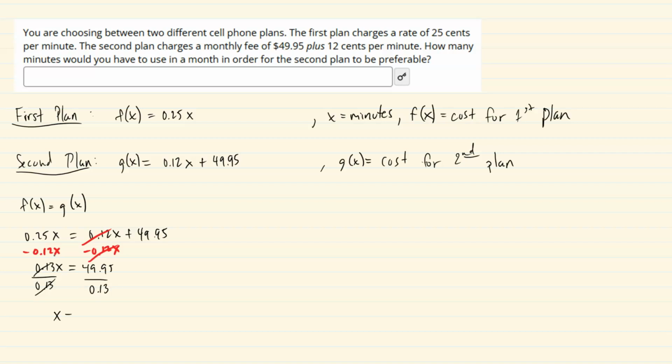And that would leave us with the number of minutes we would need to use, which is 49.95 divided by 0.13. Let me go ahead and calculate that off to the side. 384.23.